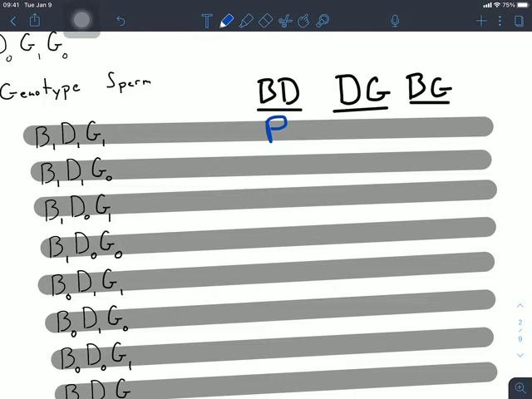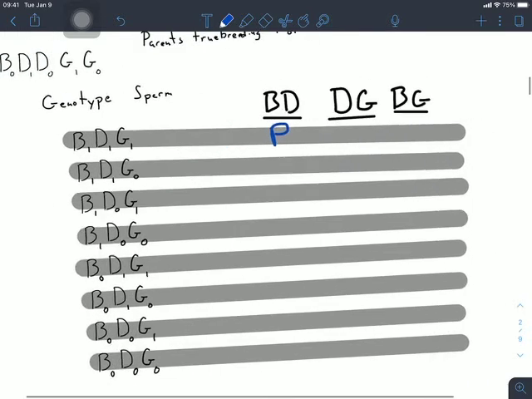Go ahead and fill this table out. It will be different than the table from before, simply because the order of the alleles here is different. Hopefully you paused and did that. I'll go ahead and fill it out now. D and G have ones, B and G have ones as well.